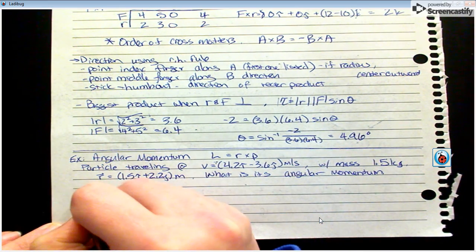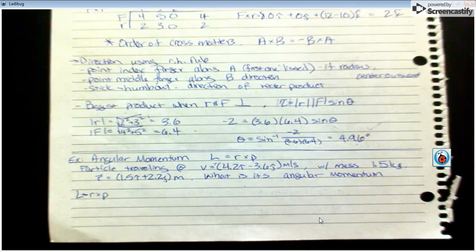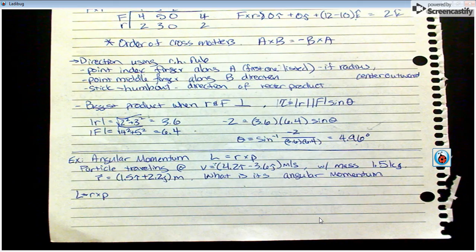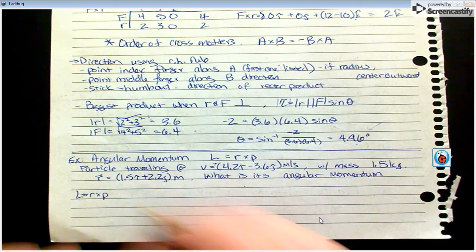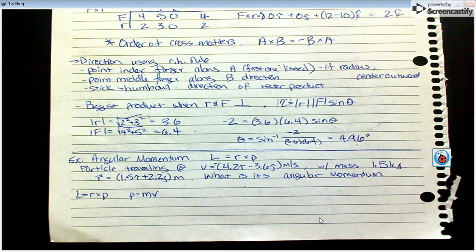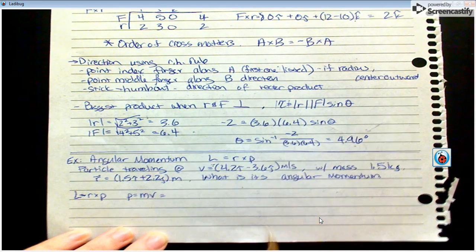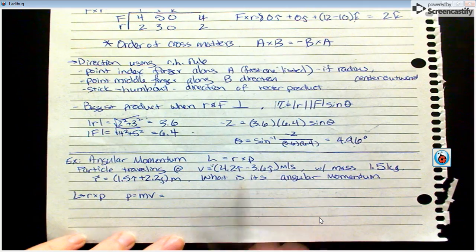Okay, so I know I need to do r cross with p. I have r, I don't have p. So I need to find my linear momentum, which, as you remember, p is mv, so I need to take my mass times my velocity. And just because velocity is in unit vector form, that's okay.